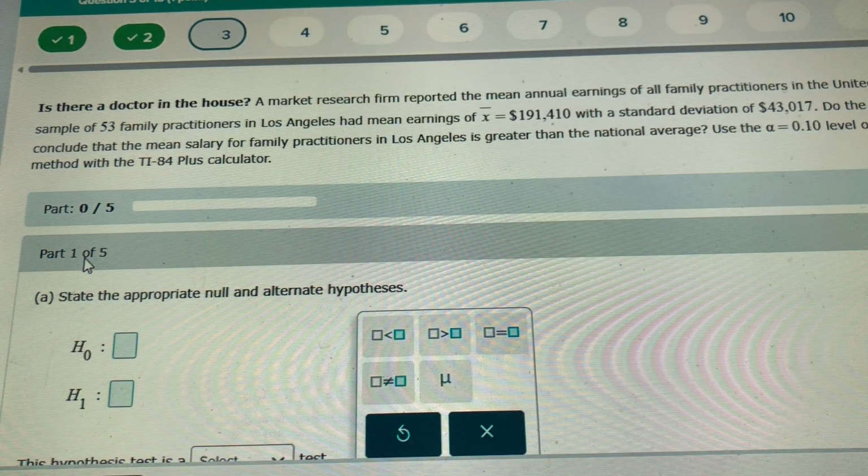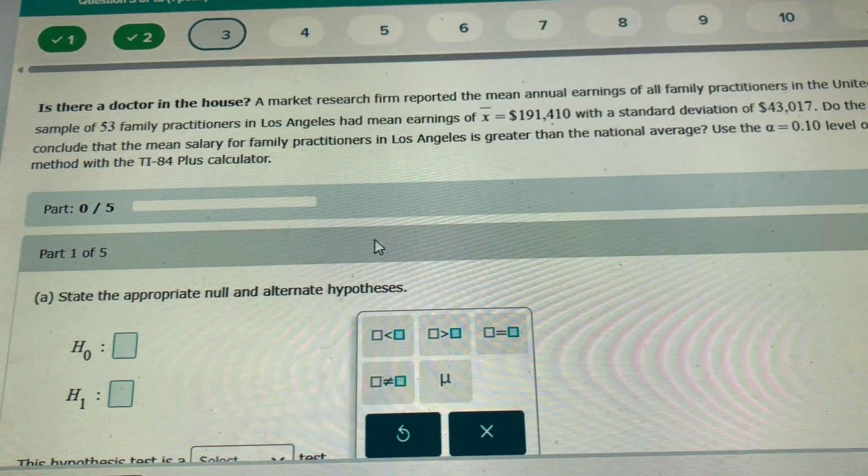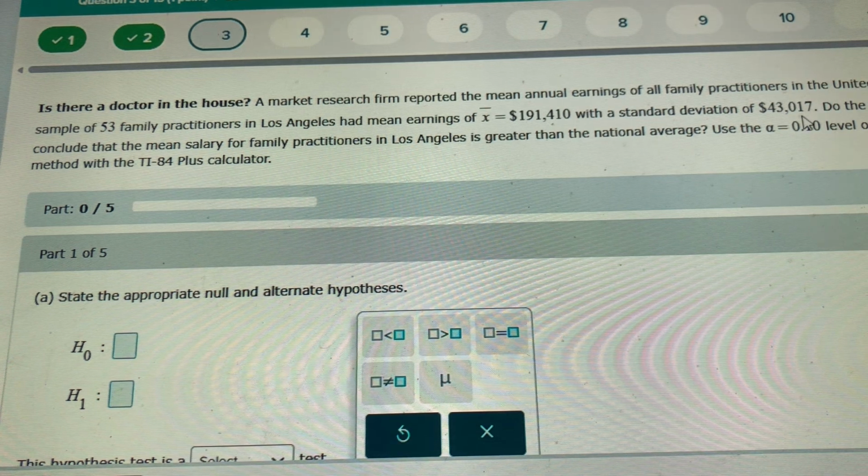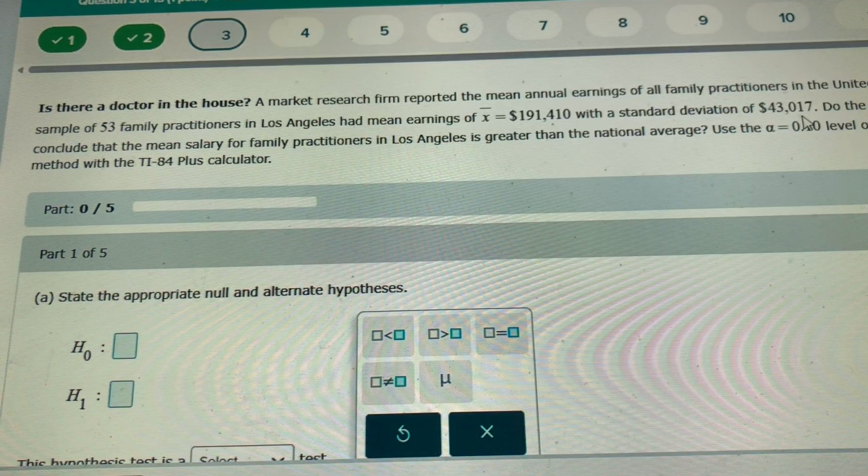There is a random sample of 53 family practitioners in Los Angeles, and the sample of 53 had a mean of this with a standard deviation of that. So this is definitely a t-test because the standard deviation is coming with the sample information, and therefore we only know s and we don't know sigma.